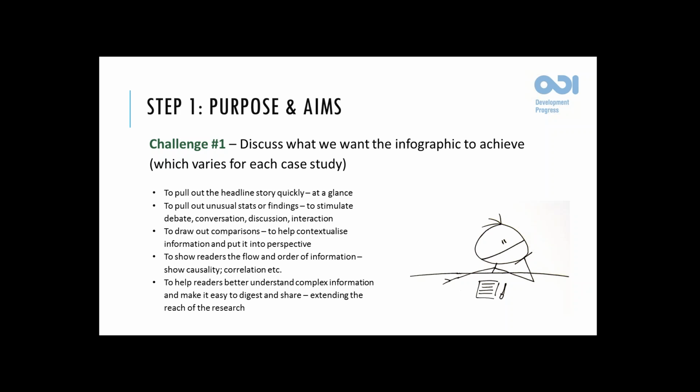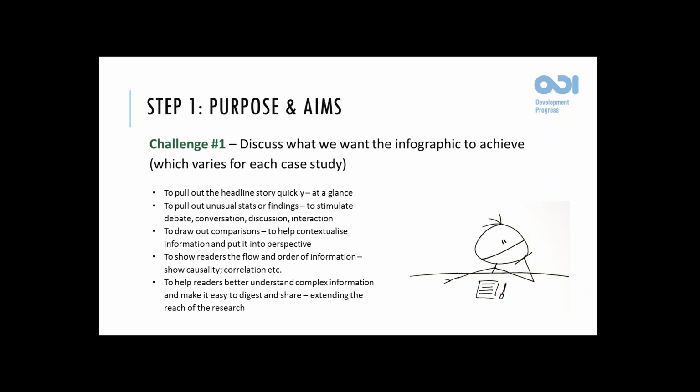We might produce an infographic to show readers the flow and the order of information. So sometimes our case studies will spend 20 to 30 pages trying to explain the particular drivers or causes of progress in a country, and we can highlight some of the main findings through a narrative-based infographic and convey that to a reader in just a few seconds.